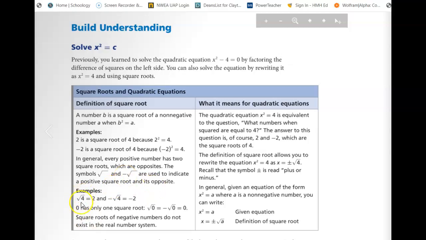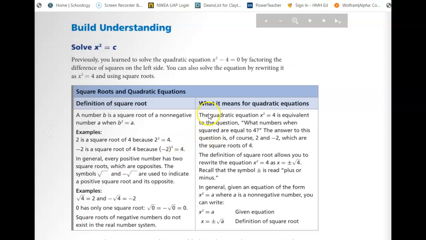For example, the square root of 4 equals positive 2, and the opposite of that is negative 2. They want to let you know that 0 has only one square root, and that square roots of negative numbers do not exist in the real number system. They are complex numbers, and you learn about those in detail in Algebra 2.